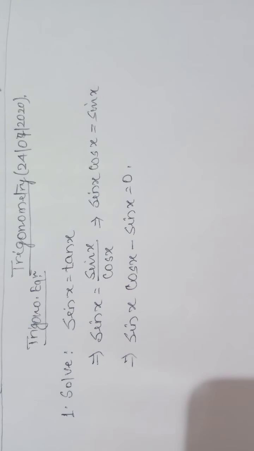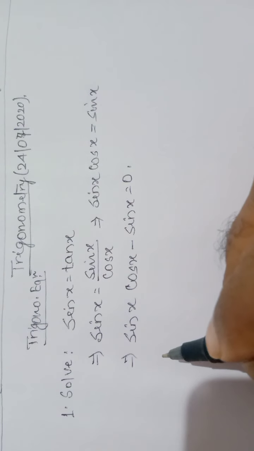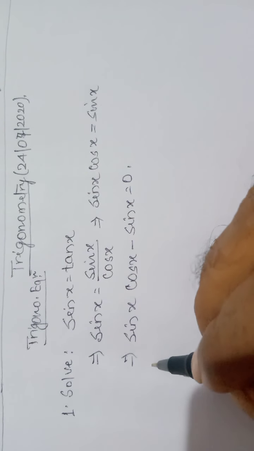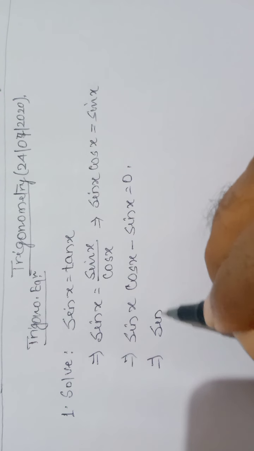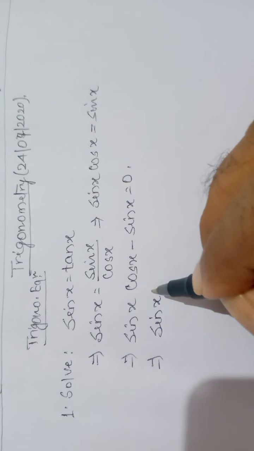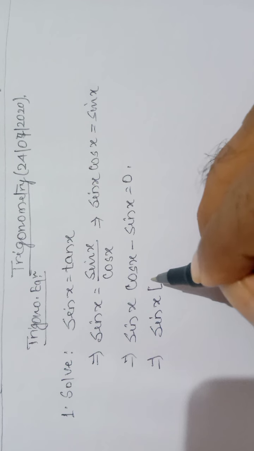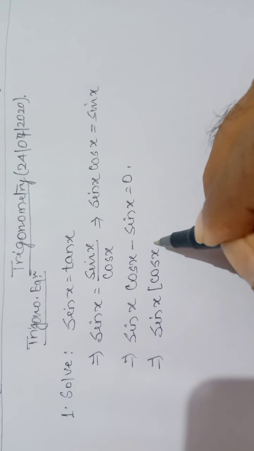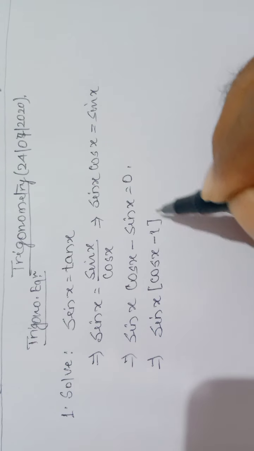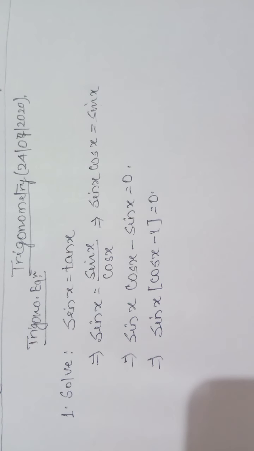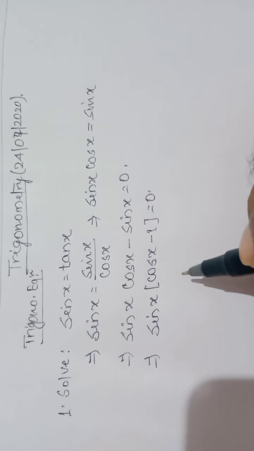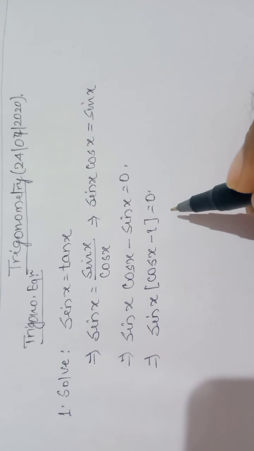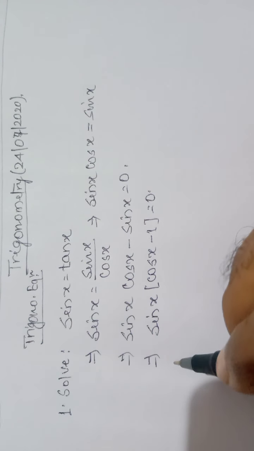In the next step, take out common. So what is common here? Common term is sin x. So take sin x as common. Then we have cos x minus 1 is equal to 0. Now see, the product of two terms is 0. When is it possible?